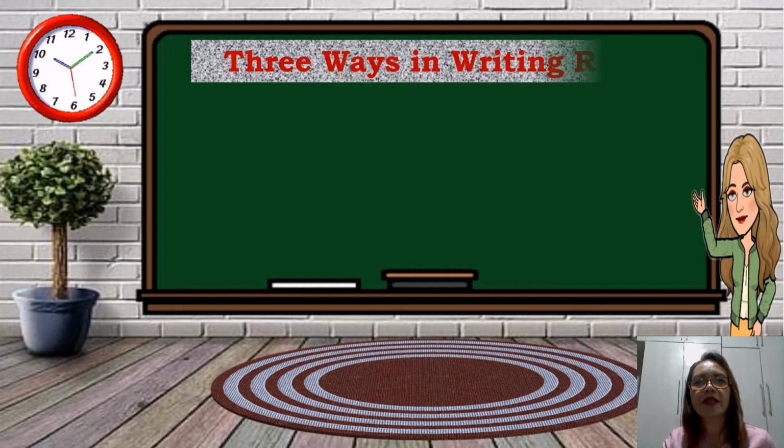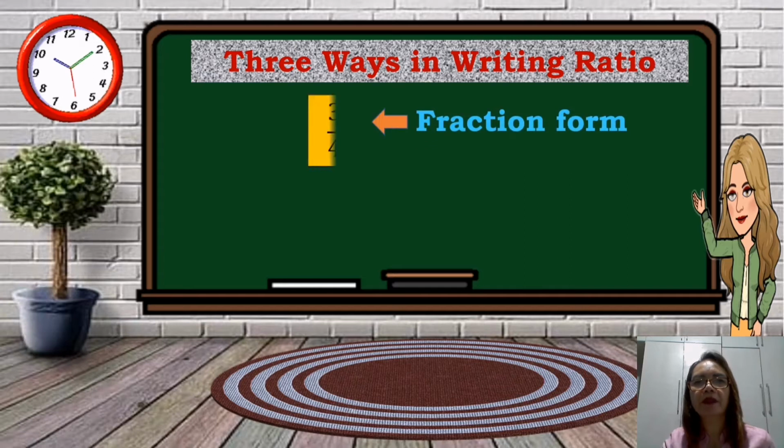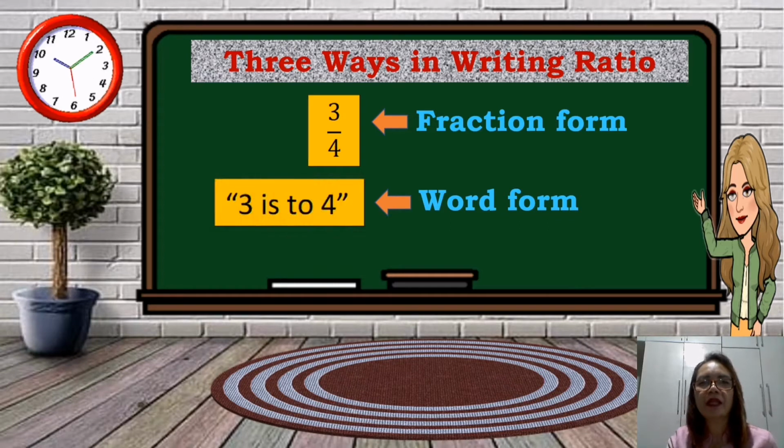There are three ways in writing a ratio. The most common way to write a ratio is a fraction. Example, 3/4. We could also write ratio using the word "to." Okay, this is called word form. So 3 to 4. And finally, we could also write this ratio using a colon between the two numbers.